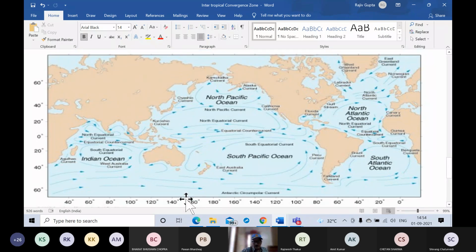So ocean current circulation is also affected by the ITCZ and the prevailing winds. Obviously, driven by winds, the ocean currents are also affected. Nothing new in this because you are familiar with these currents. You have used these currents maybe while navigating also.